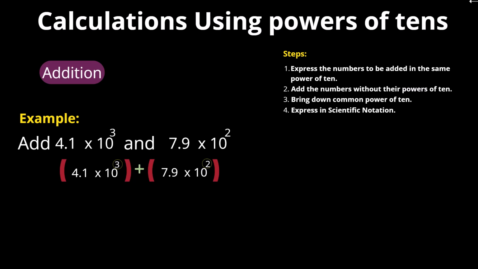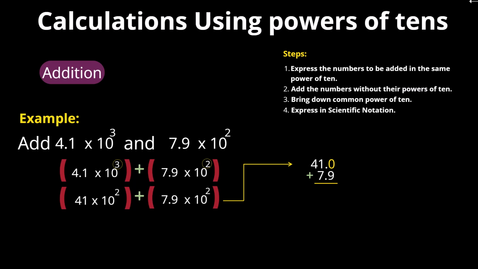So let's decrease 10 to the 3rd power. That will be 41 times 10 to the 2nd power. And both our exponents are the same. Now add the numbers without their powers of 10. So let's add the numbers.